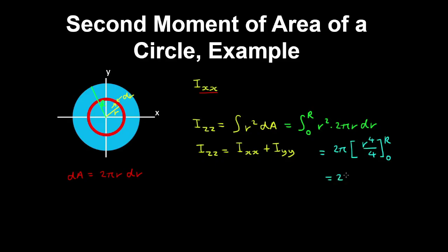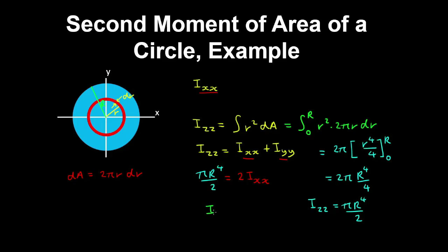So therefore we have 2 pi multiplied by r to the 4 on 4. So therefore the polar moment of inertia is equal to pi r to the 4 on 2. And recognizing that the circle is symmetric, Ixx is equal to Iyy. So we have Izz is 2Ixx, and the polar moment of inertia is pi r to the 4 on 2.